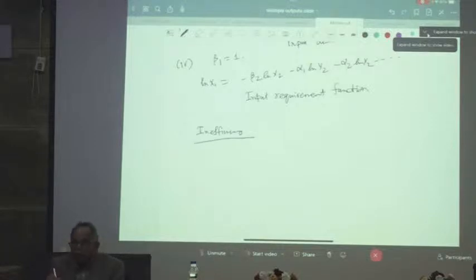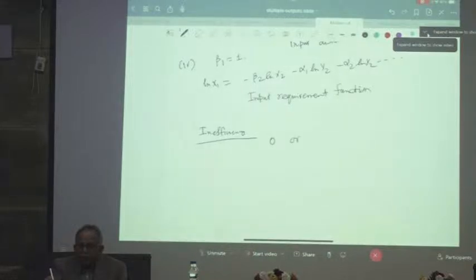Now again, the question is, what type of inefficiency do you want to use? Is it output oriented or input oriented? Okay. So if you are using output oriented inefficiency, remember that is associated with outputs, right? And input oriented inefficiency is associated with inputs, right?